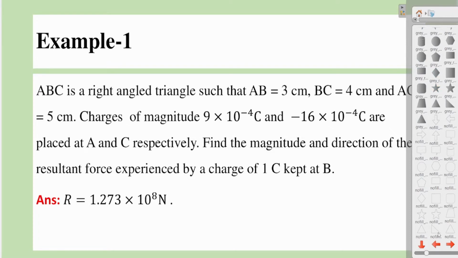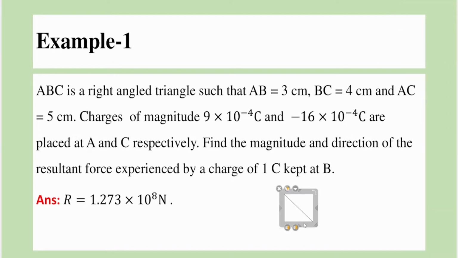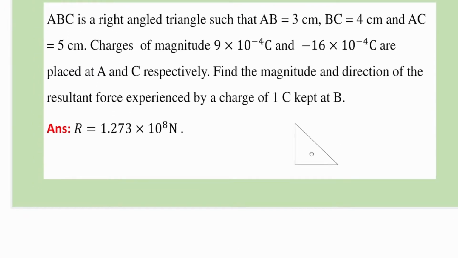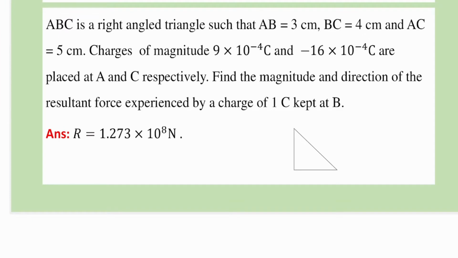since it is a right angle triangle, we'll draw the same. So there are 3 points here. Now be careful with such triangles because the longest side here is 5 cm, that is AC.